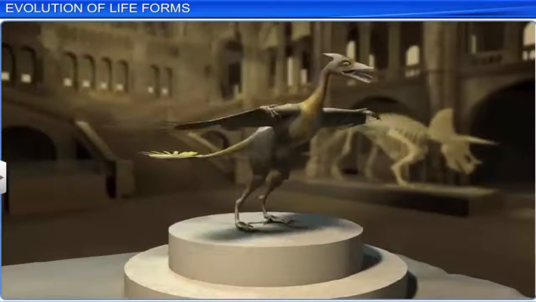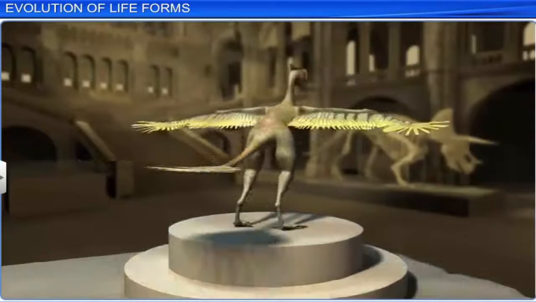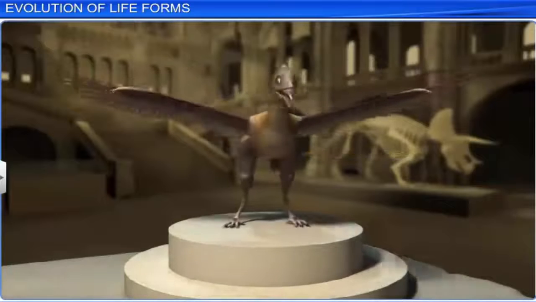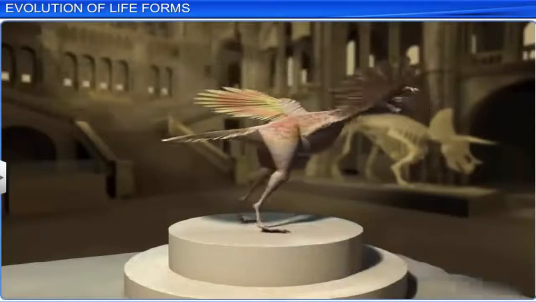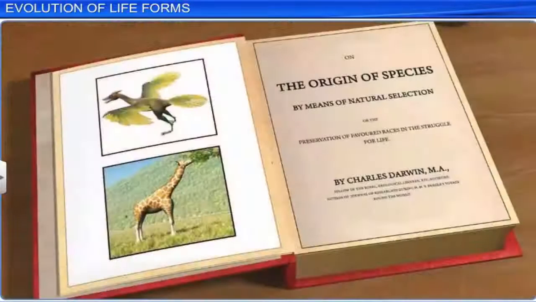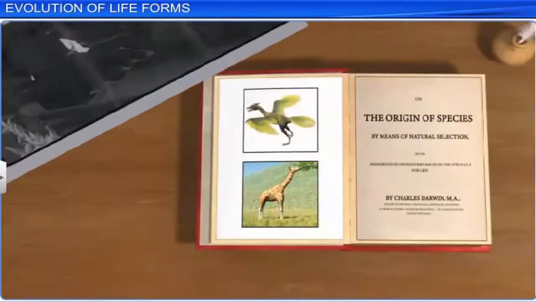On the other hand, the superior or advantaged members of the species who can use their wings with competence will be left behind. In this way, Darwin argued that natural selection preserves species with functional advantages as they can compete better in the natural environment and leave behind more progeny.